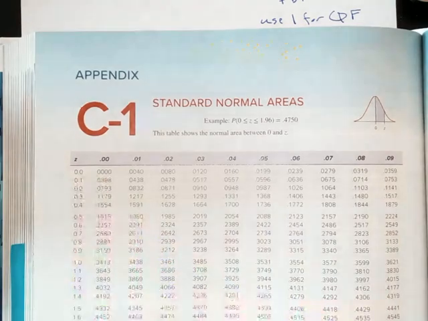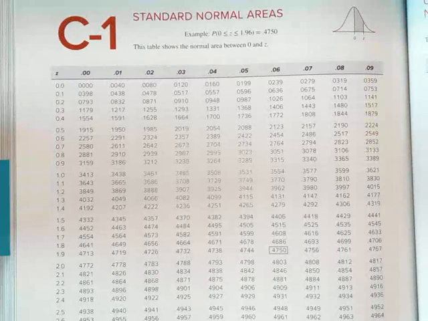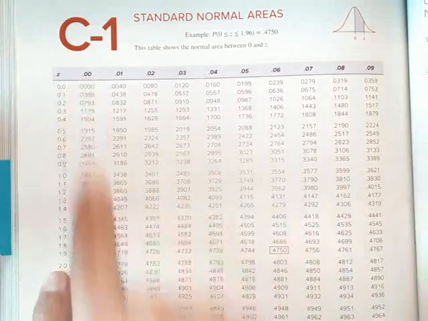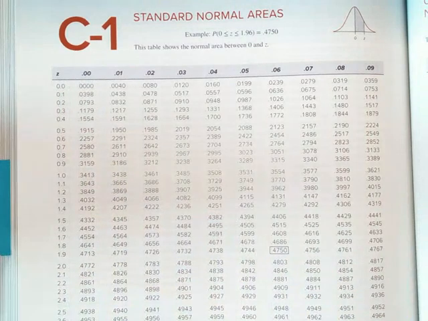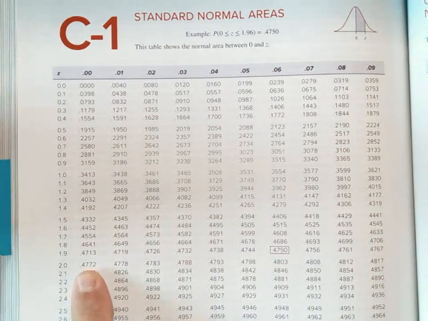If I know the Z value to two decimal places, I can look it up. Say 2.00: I go down here to the 2.0 part, and then go to the second decimal, and the amount is 4.72%.